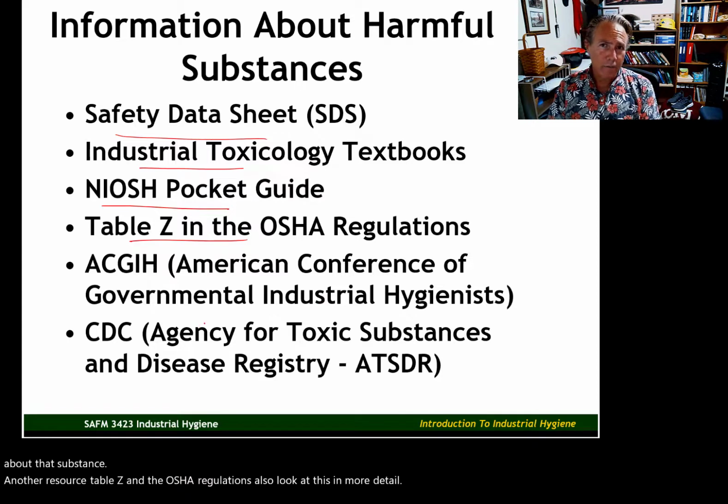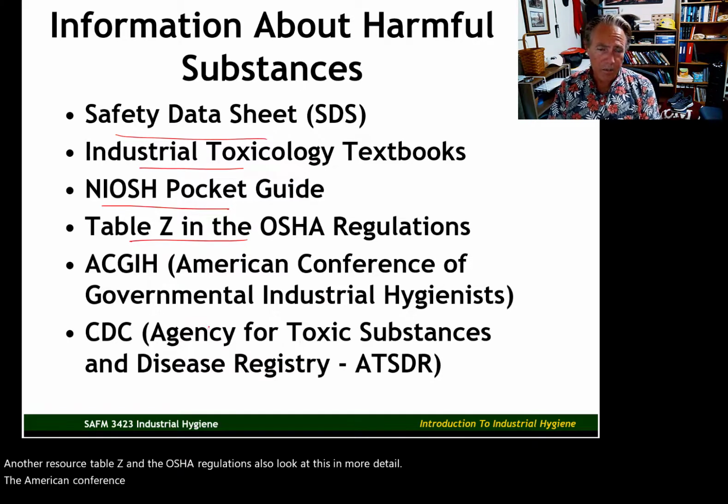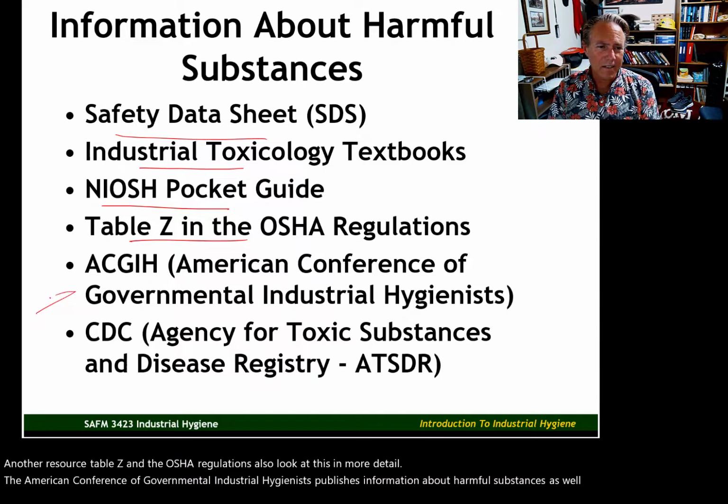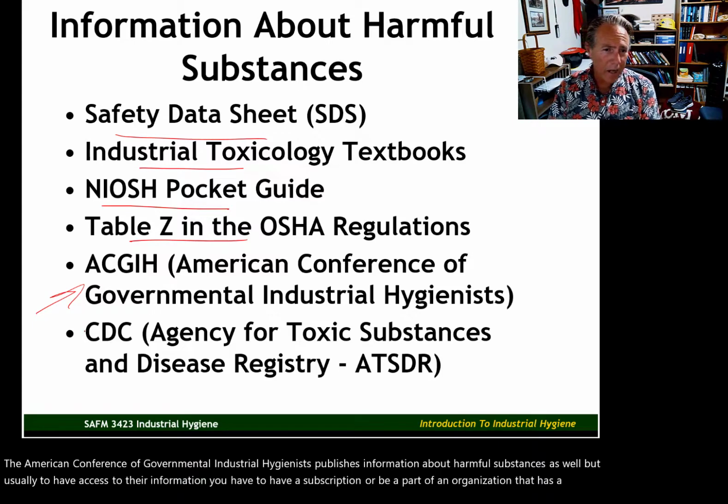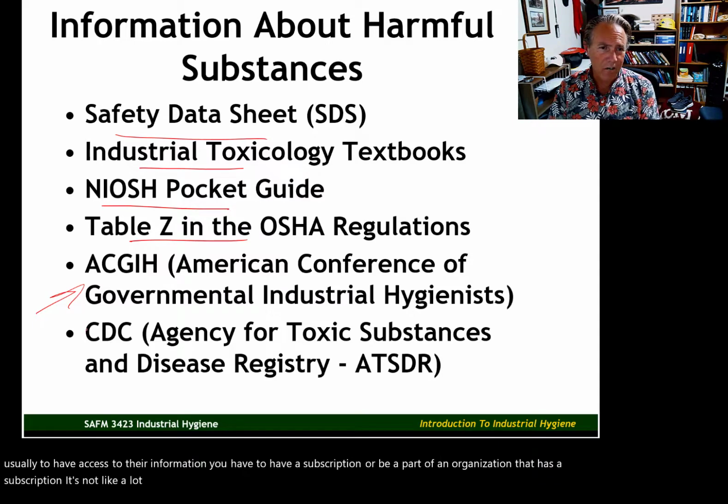The American Conference of Governmental Industrial Hygienists publishes information about harmful substances as well. But usually to have access to their information, you have to have a subscription or be a part of an organization that has a subscription. It's not like a lot of government resources that are freely available.